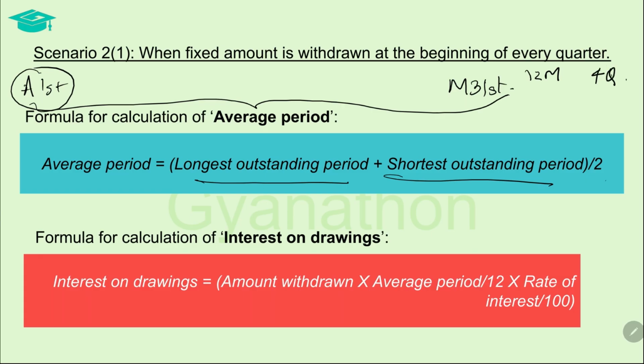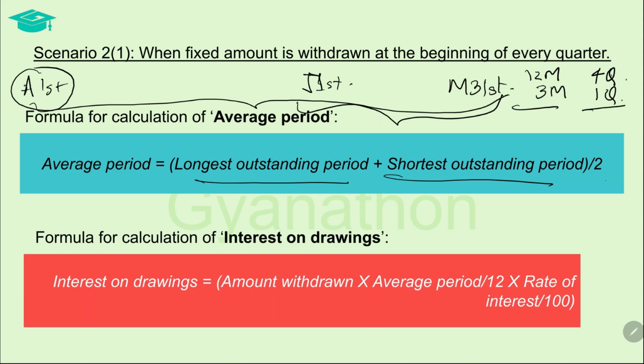The last withdrawal of the year, which happens at the beginning of each quarter, is on January 1st. So the shortest period outstanding is January 1st to March 31st, which is 3 months or 1 quarter.